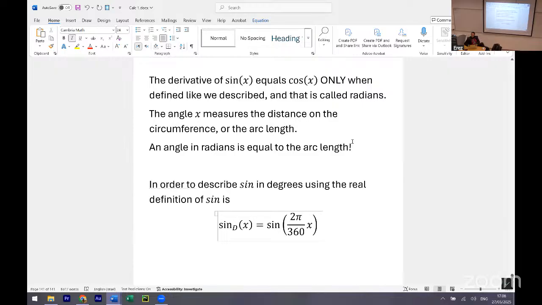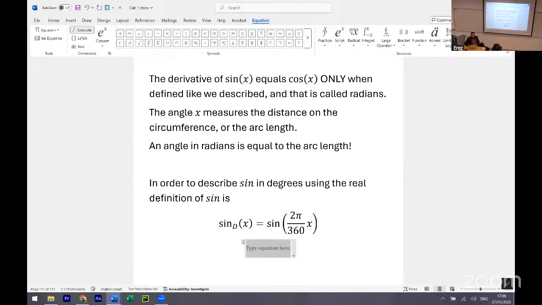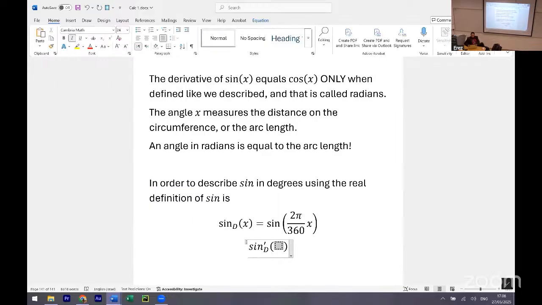So if you wish to derive that function, what's the derivative, excuse me, of sine in degrees? It's 2 pi over 360 times cosine in degrees, basically. Let me just write that for short. Agreed?